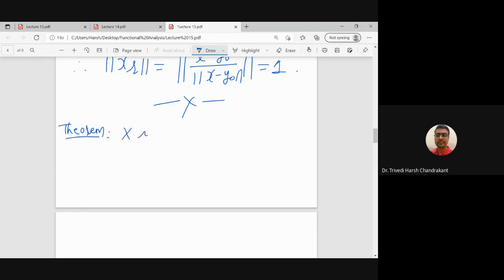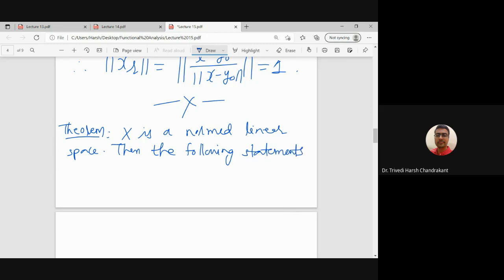So if X is a normed linear space, then the following statements are equivalent.